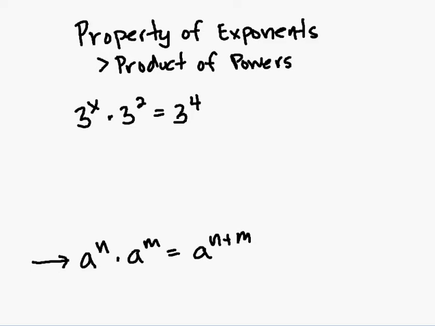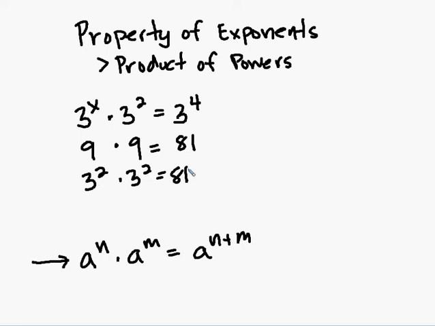In this case, 3^x times 3 squared is equal to 3 to the 4th. Now, I know that 3 squared is 9, and I can figure out that 3 to the 4th, 3 times 3 is 9, times 3 is 27, times 3 is 81. I know that this value here has to equal 9, and that therefore x is going to be equal to 2. So I have 3 squared times 3 squared is equal to 81.